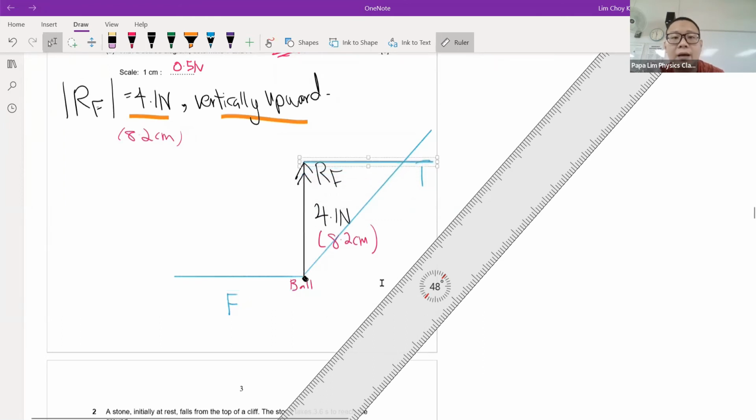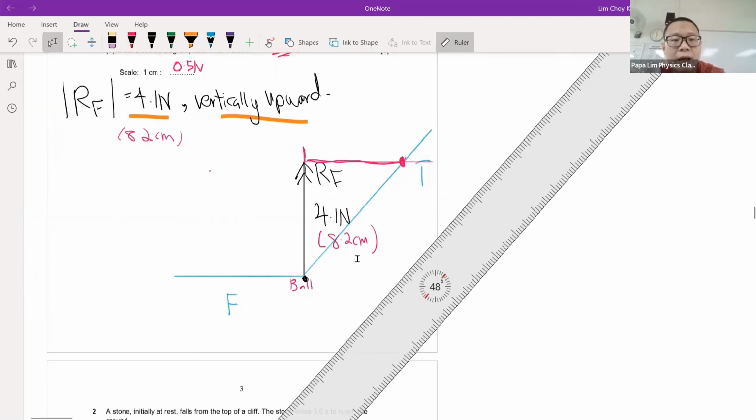I also know how long F has to be: it must occupy the space between RF and T. So the intersection point here will tell me the length of T that I need.